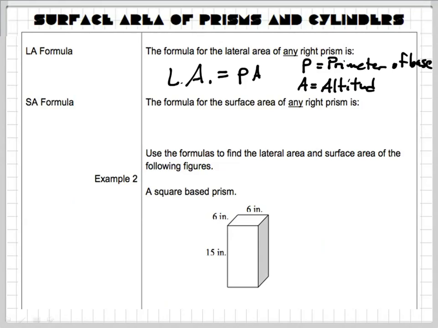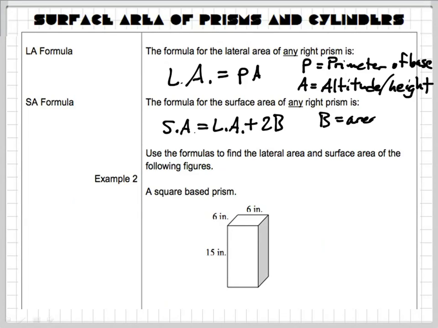But you can say height if you know what height means instead. And then the surface area is going to be SA. It's going to be lateral area plus the two bases, where capital B equals area of base. I remember these formulas. Area of base.